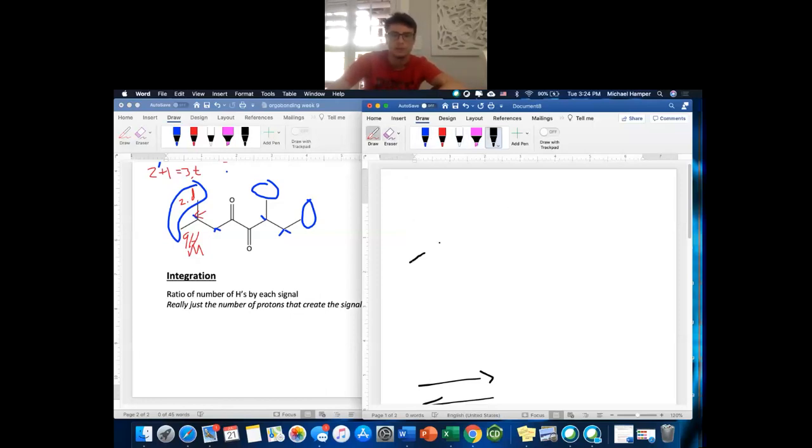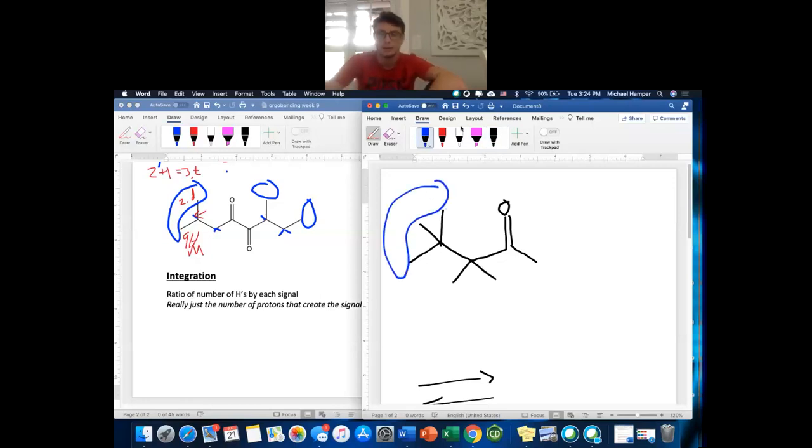Just as an example, these 3 methyls are in the same environment. How many hydrogens are there? There's 9. Right. And so, just to give you a visual, you're going to have a peak here.